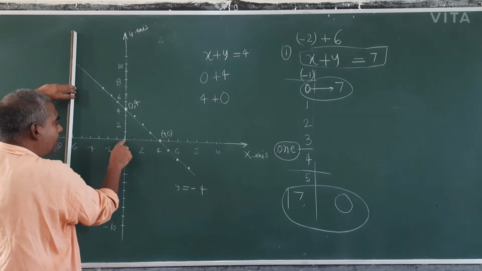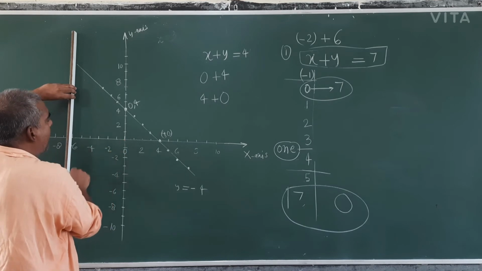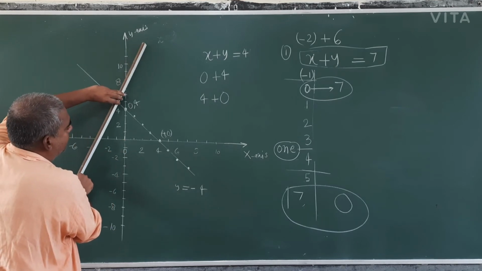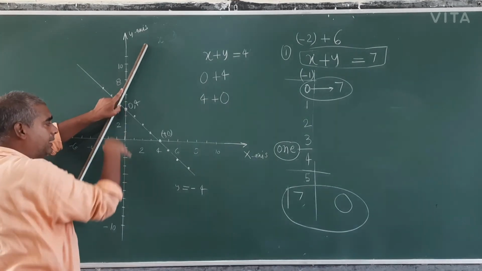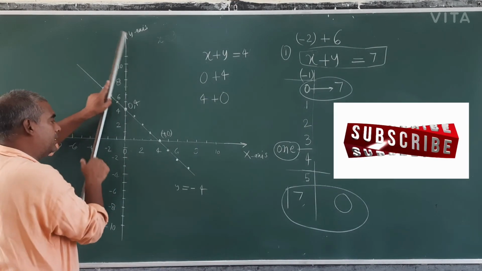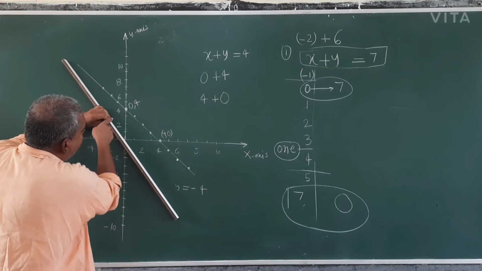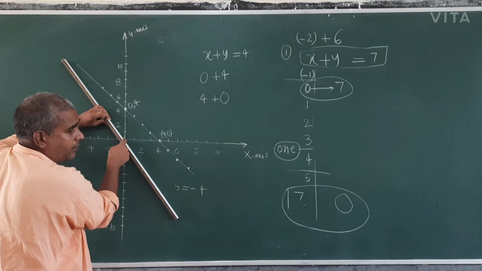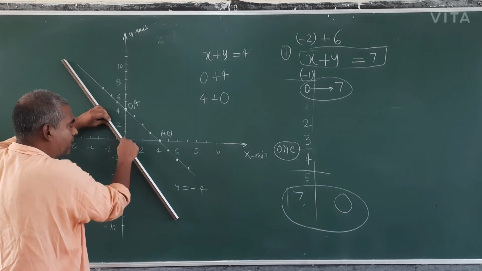So either the line will cut at one point, or it will cut at 2 points. Can the line cut at 3 points on these axes? No. Always either 1 point, just like when the line passes through the origin, it will cut the xy axes at 1 point, the origin.